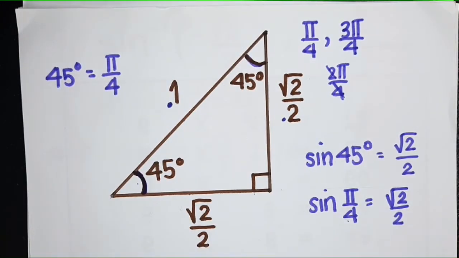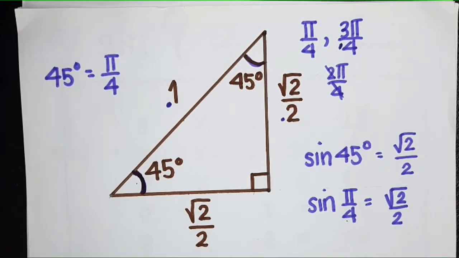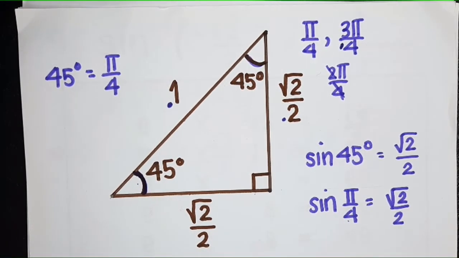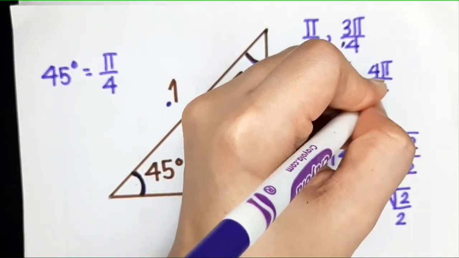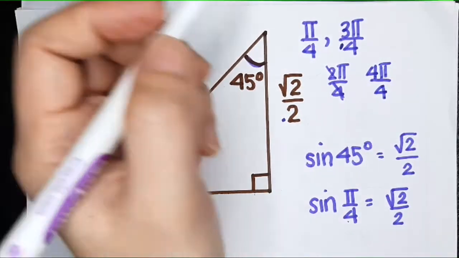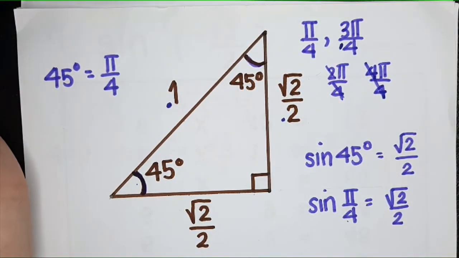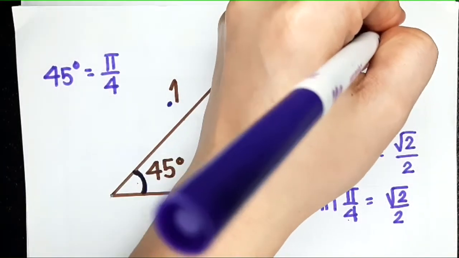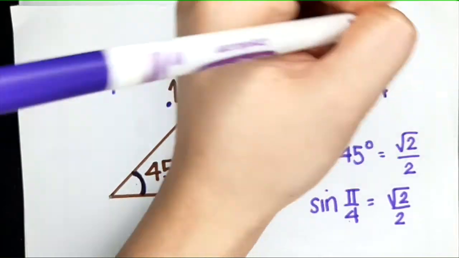So, magka-count lang kayo ng 1, 2, 3. Pwede ba ang 4 pi over 4? Pwede ba to? No, kasi magka-cancel lang naman to. Ang sunod na pwede at hindi magka-cancel ay 5 pi over 4. So, ang 5 pi over 4 ang nasa third quadrant.